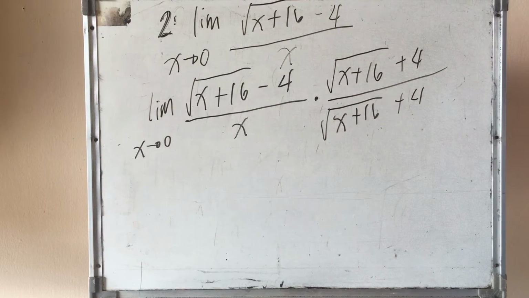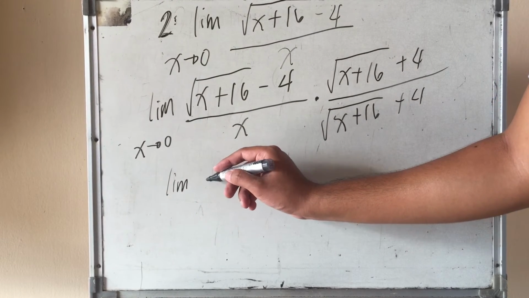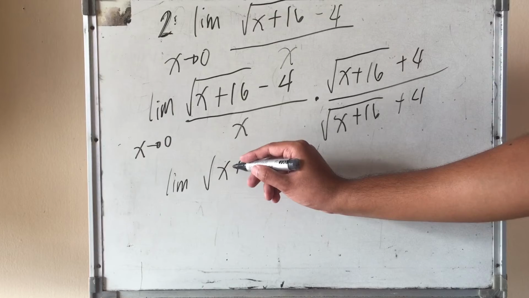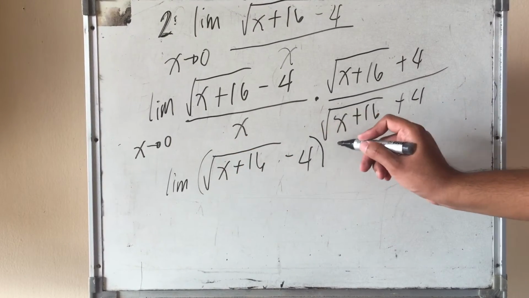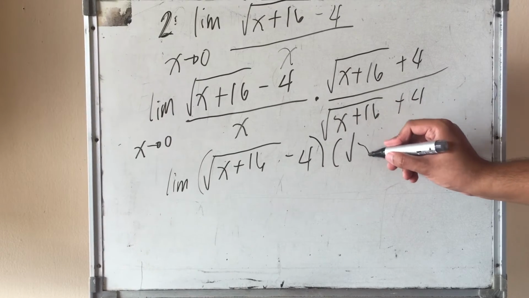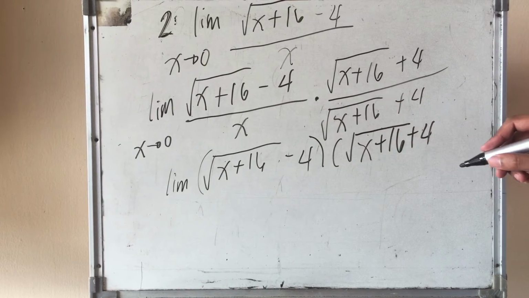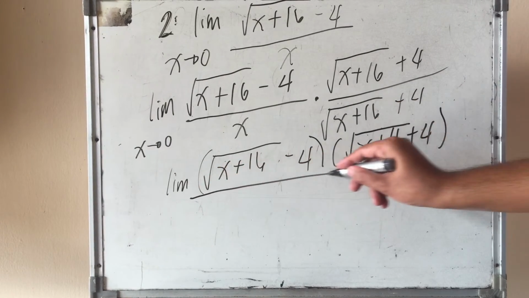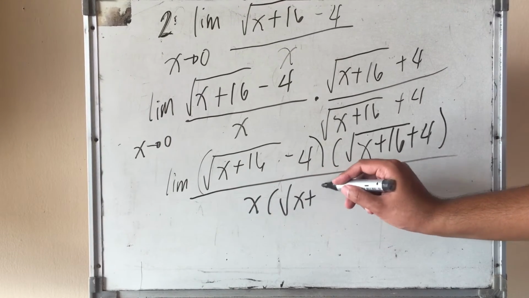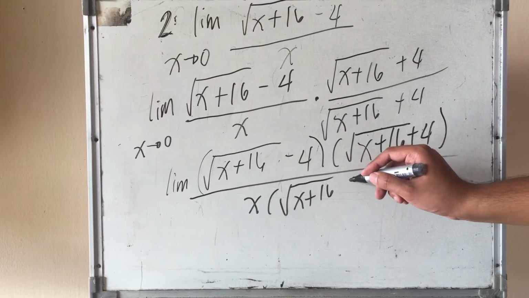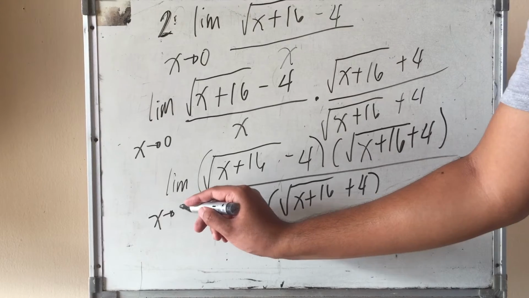So simplifying these expressions, we have the limit of square root of x plus 16 minus 4 times the square root of x plus 16 plus 4 divided by x times the square root of x plus 16 plus 4 as x approaches 0.